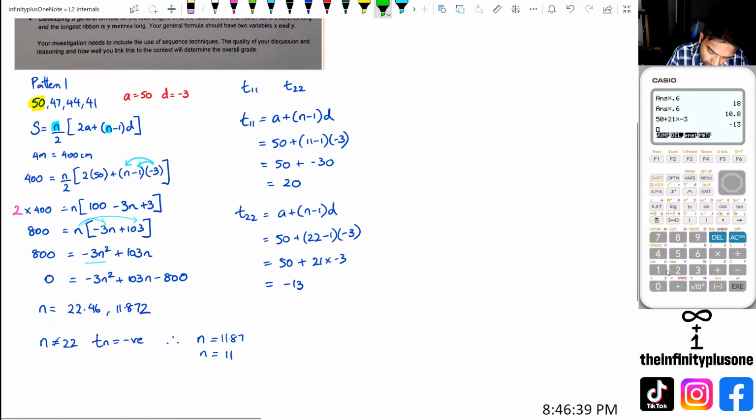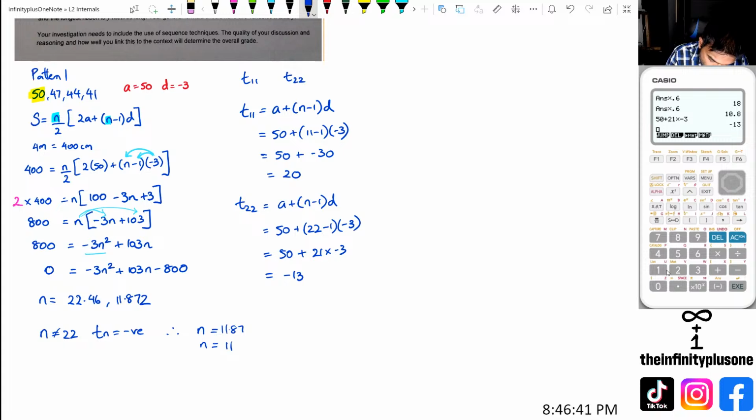So I would like to know what the sum is when we do 11 of them. We know 20 centimeters is the shortest piece. Now we want to know how much of these pieces are actually used up. So we're going to go 11 over 2, bracket 2 times 50, plus 11 minus 1 times -3.